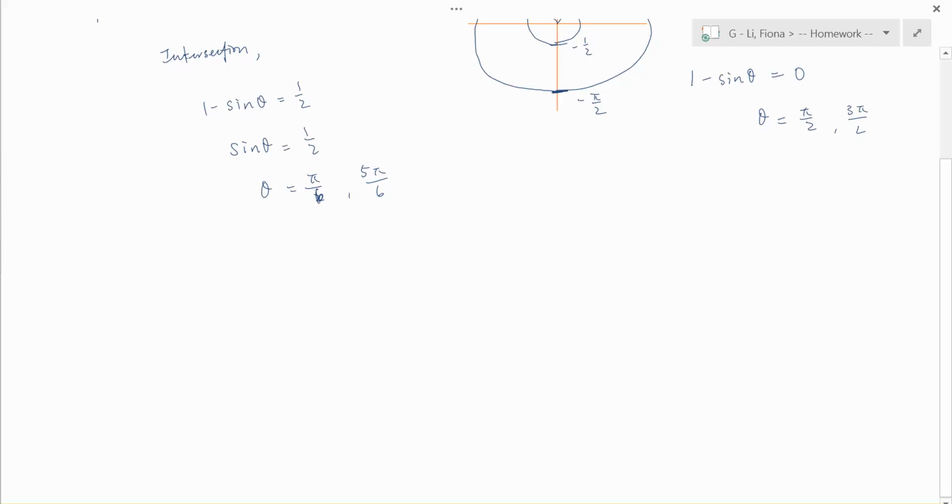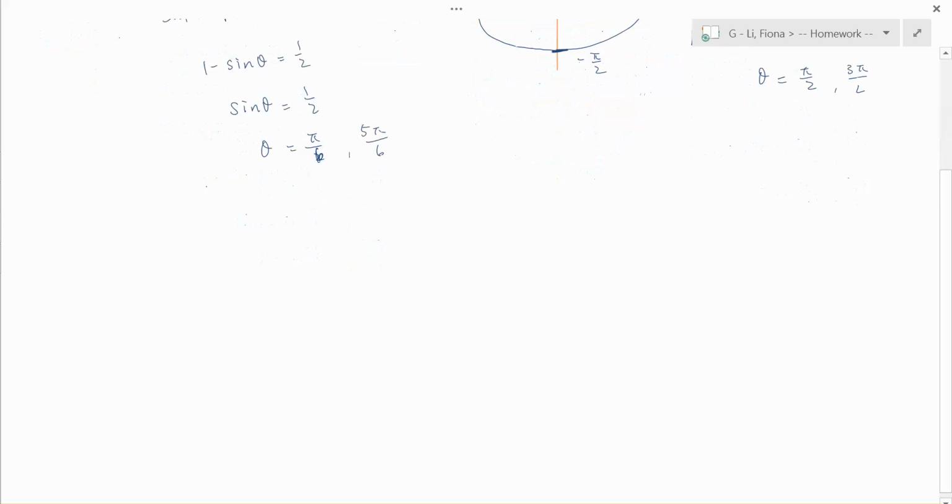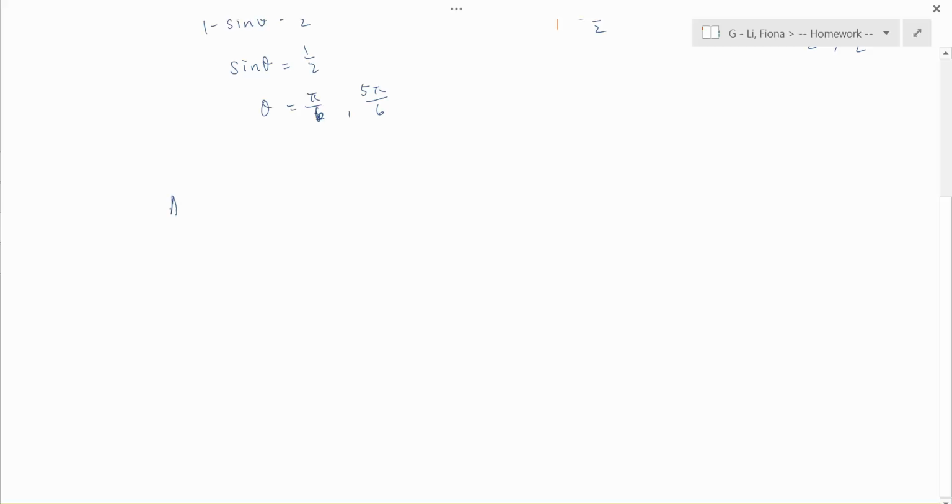Okay, so earlier in the chapter we were given that the area of a region enclosed is equal to 1/2 of the integral from alpha to beta of f of theta squared d theta.